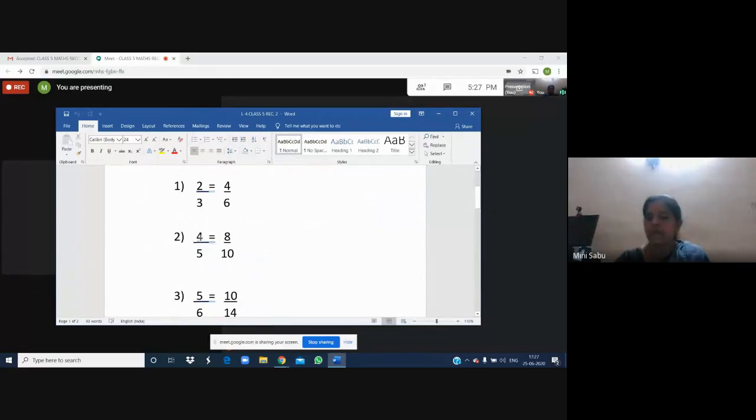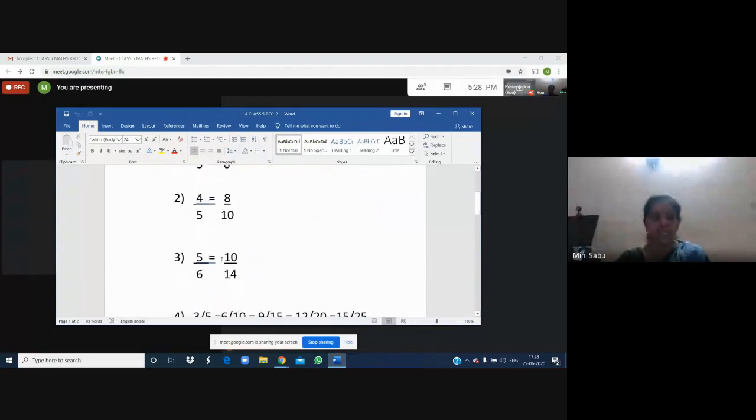What is the relationship? 4 multiplied by which number gives 8? 4 multiplied by 2, you got 8. So 5 should be multiplied by 2. 5 2s are 10. So this rule is correct here. That's why 4 upon 5 and 8 upon 10 are equivalent fractions. Here also we can make as many equivalent fractions as you need.